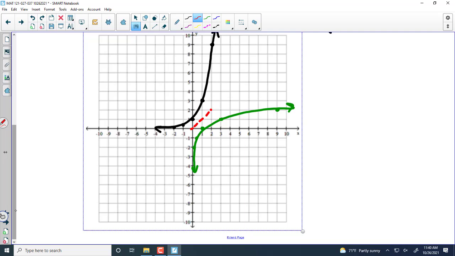And what is this right here? What am I drawing now? What is that line right there? It's y equals x.